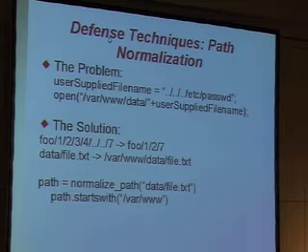One of those defense techniques is path normalization. In this case, you don't do input validation. You just take whatever you get, you do whatever you want with it, but afterwards, in the end, you normalize it. You put it into a format that allows input validation after the fact.